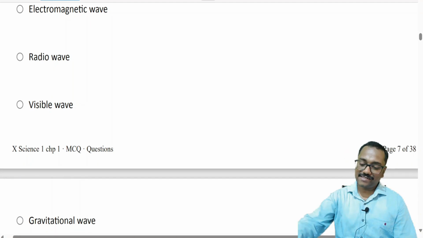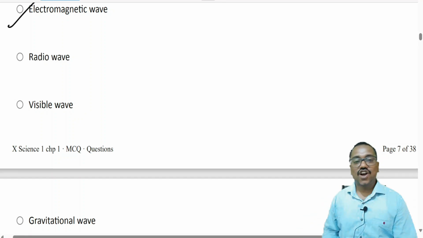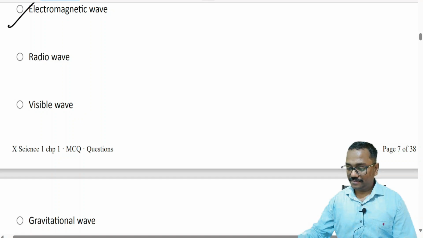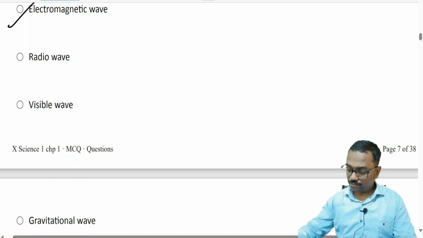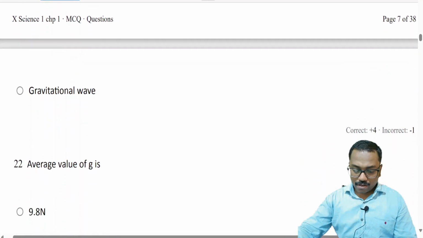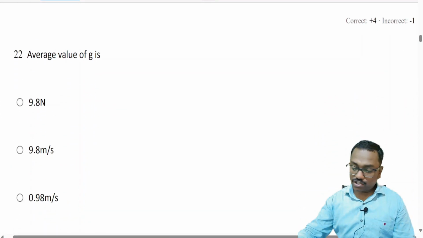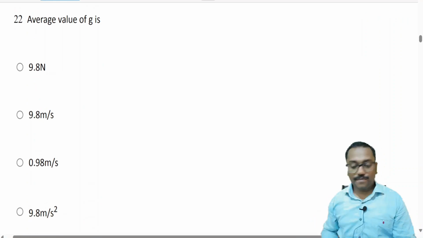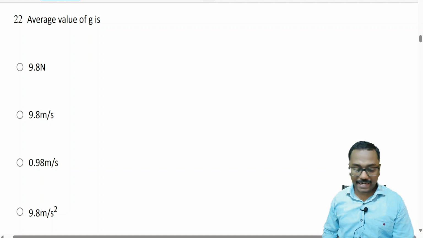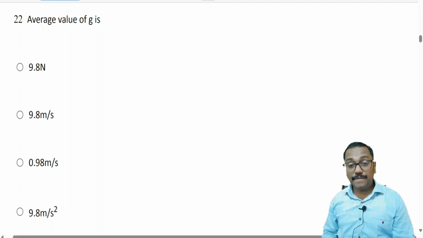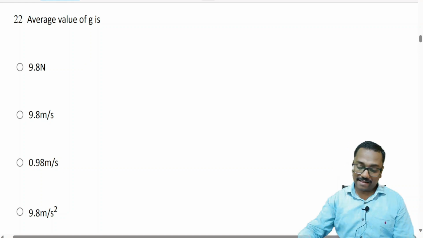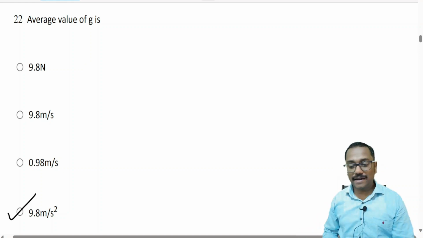So its answer is electromagnetic wave. Now 22nd question we will be checking out. Average value of g is 9.8 Newton, 9.8 meter per second, 9.8 meter per second or 9.8 meter per second square. So its answer is 9.8 meter per second square.